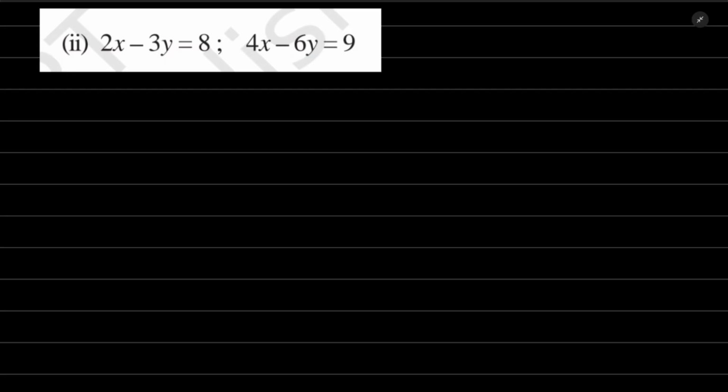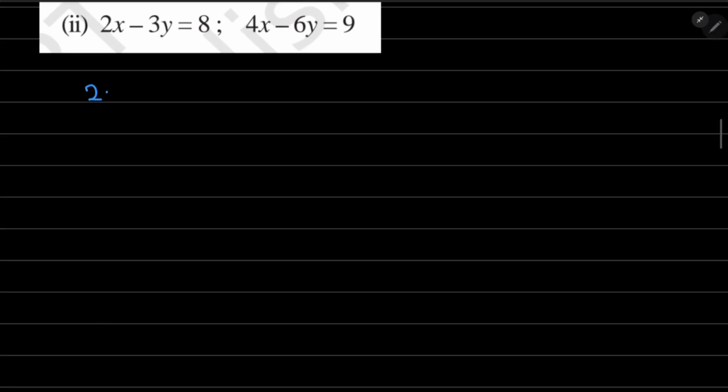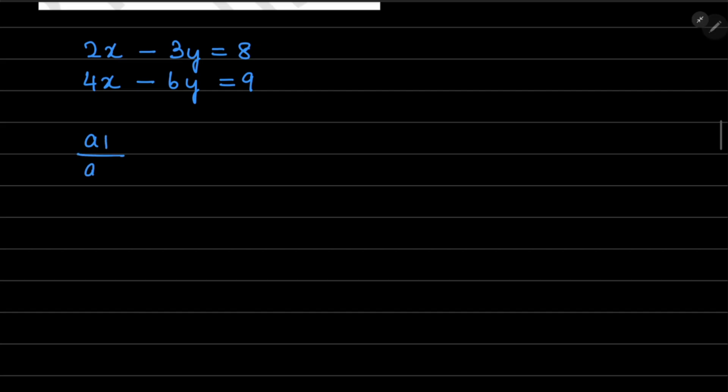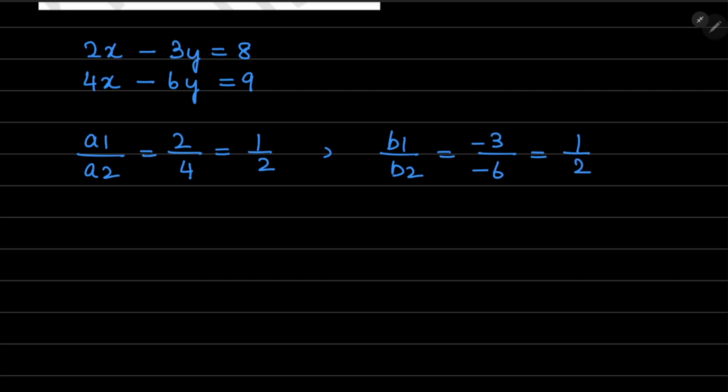So the second one is 2x minus 3y equal to 8 and 4x minus 6y equal to 9. Let's take the ratios. What's your a1 by a2? It will be 2 by 4, which will be 1 by 2. What's your b1 by b2? You'll be getting it as minus 3 by minus 6, which is again equal to 1 by 2.